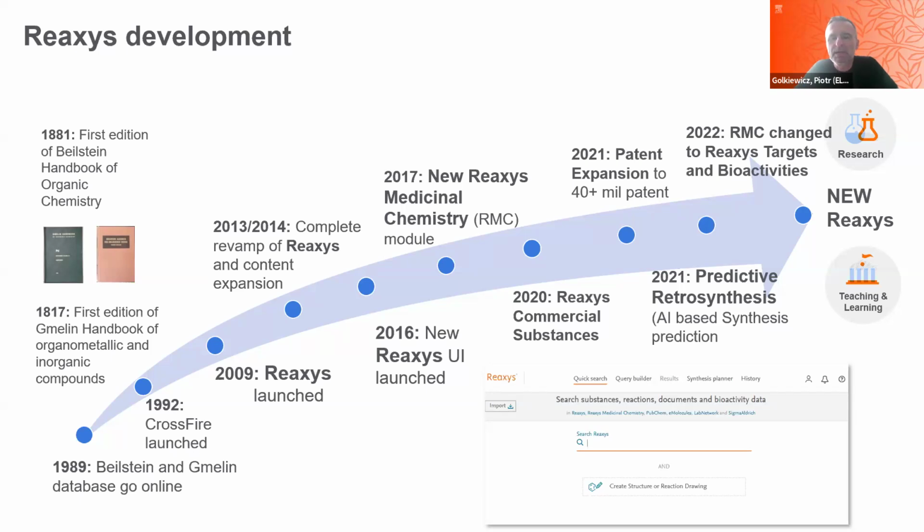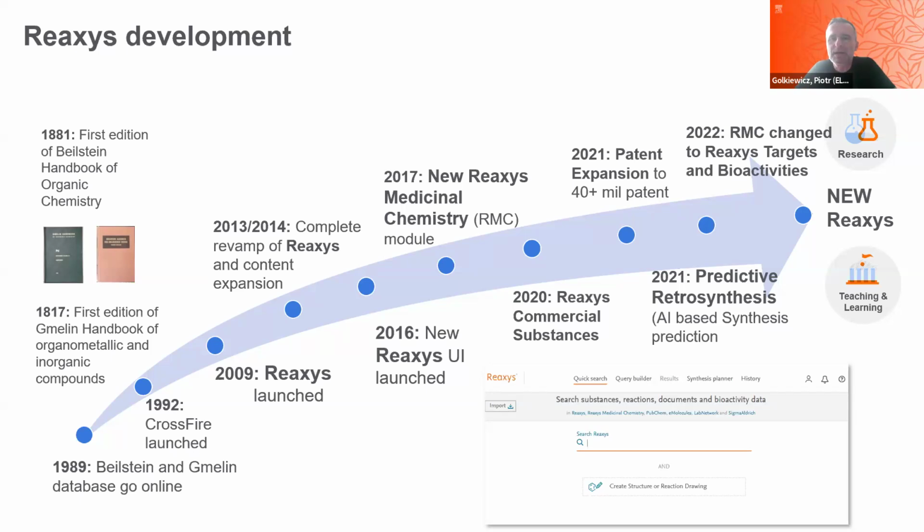In 2020, we added Reaxys commercial substances. This is a database of commercial suppliers who collaborate with us, and basically in Reaxys, without leaving it, you can check the availability of different reagents and chemicals.